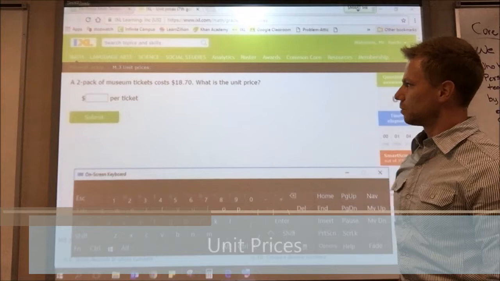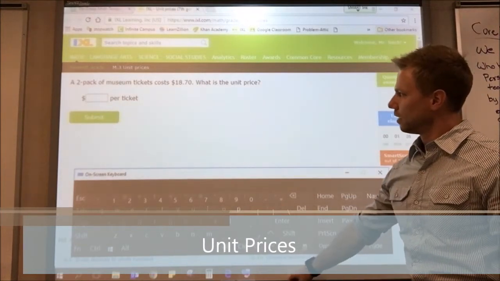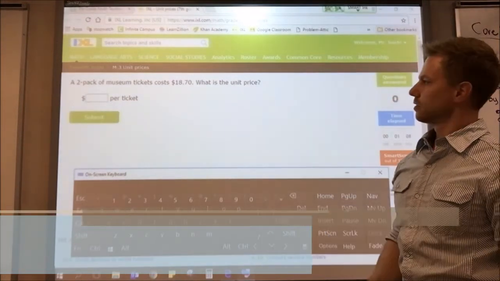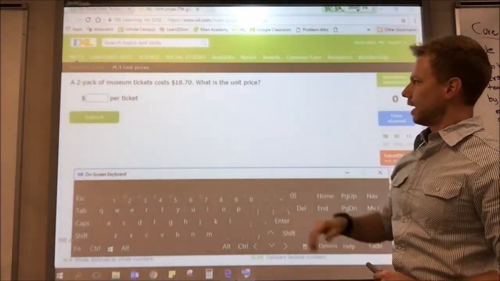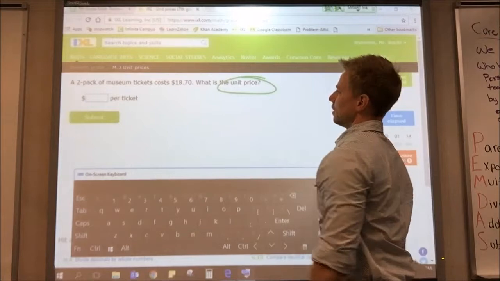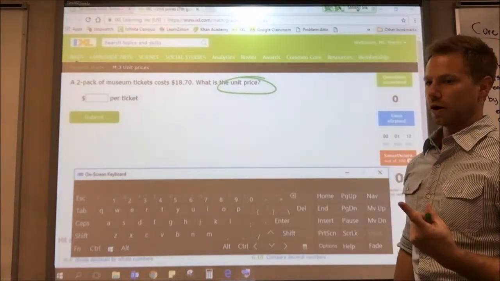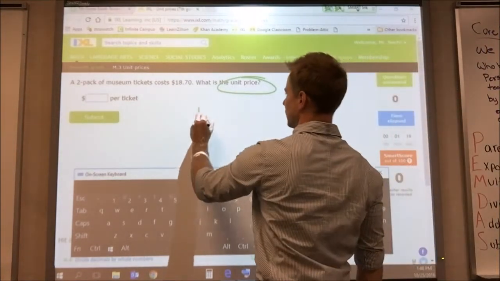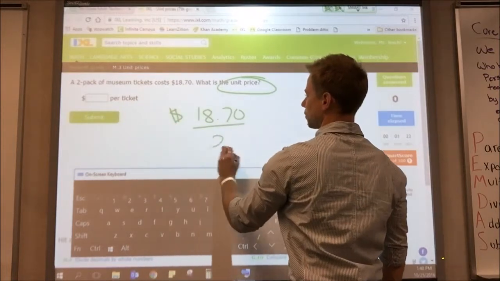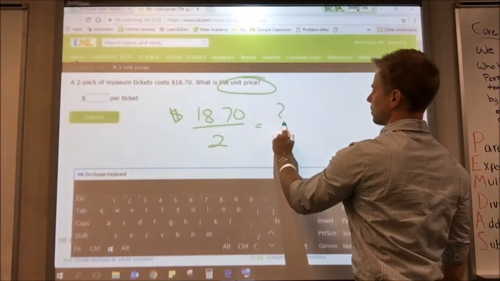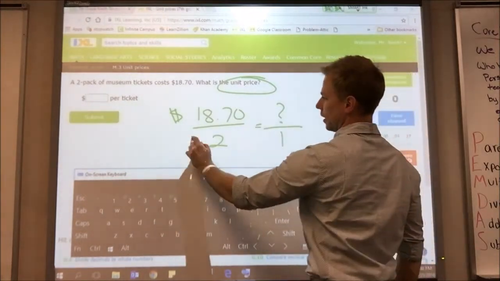A 2-pack of museum tickets costs $18.70. What is the unit price? So what that means is, what is the price for 1 ticket? Unit price is always going to be the price for 1. So $18.70 is the price for 2 tickets. What is the price for 1 ticket?